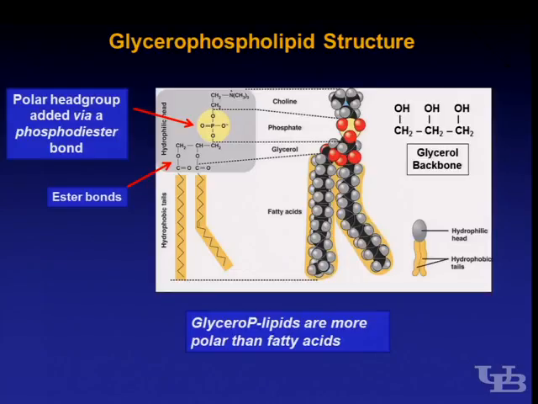You get elimination of water and an ester bond. So these ester bonds are linking up a fatty acid to carbon number 1, another fatty acid to carbon number 2, of that 3-carbon glycerol backbone. The third hydroxyl group here on carbon number 3, that gets a different group.